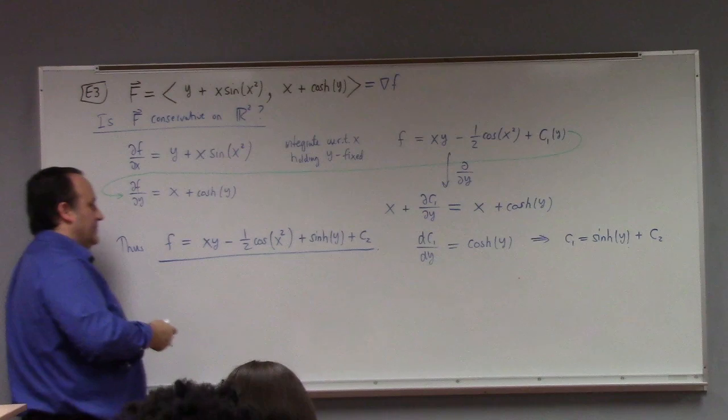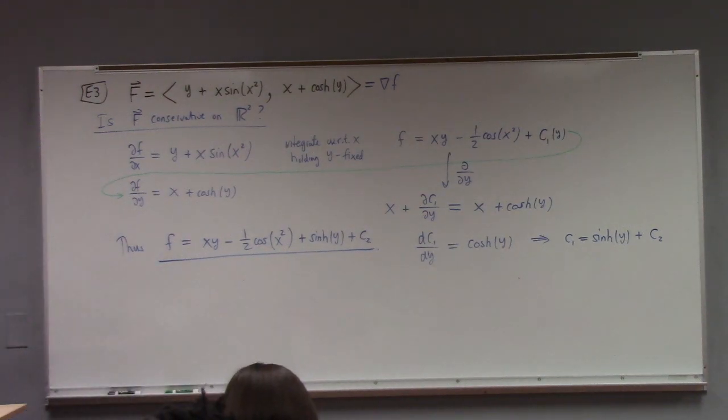In short, yes, this is a conservative vector field. That is its potential function. If we were to talk about physics, minus this would be its potential energy. And we could show that energy is conserved if this is the net force. We'll actually work that out in here sometime soon.